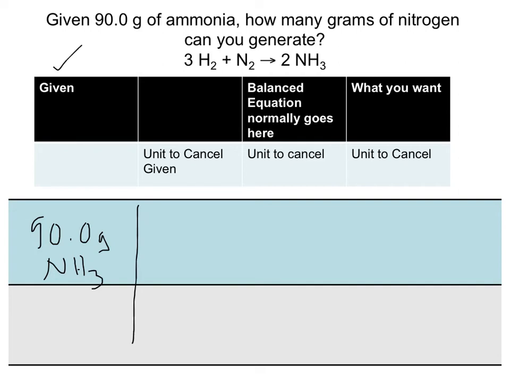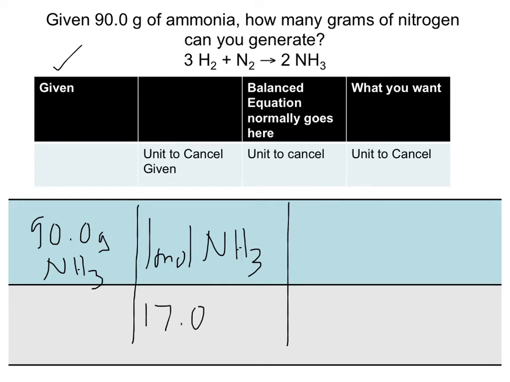I need to get rid of ammonia, so for me to get 1 mole of ammonia, I need the molar mass, which is 17.0 grams of ammonia. So we can cancel out that. Then I go to my balanced equation.